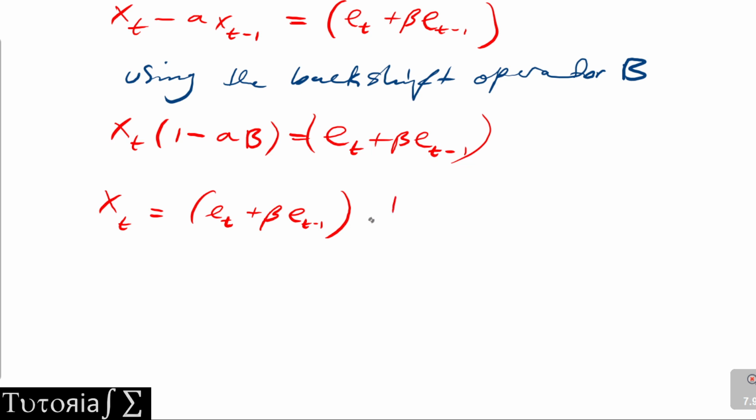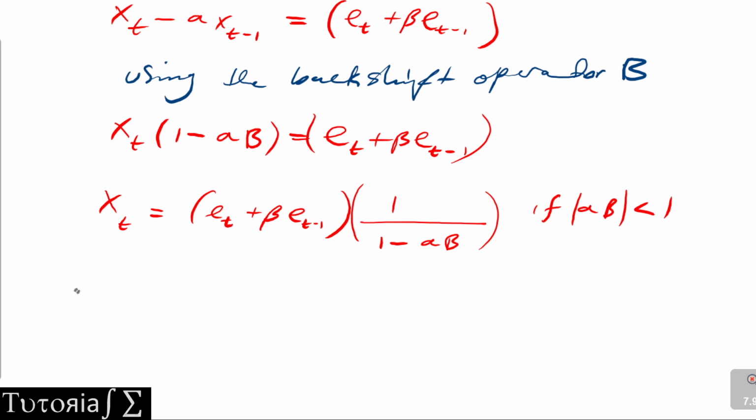Then we have 1 over 1 minus a times the backshift. If a and b are less than 1, then what we have here is a geometric expression.